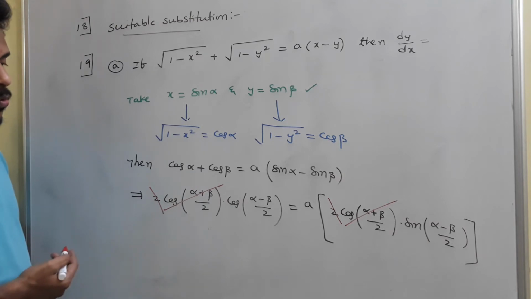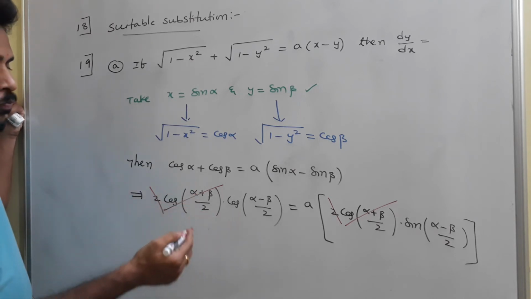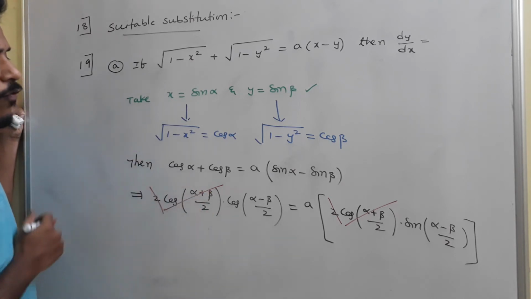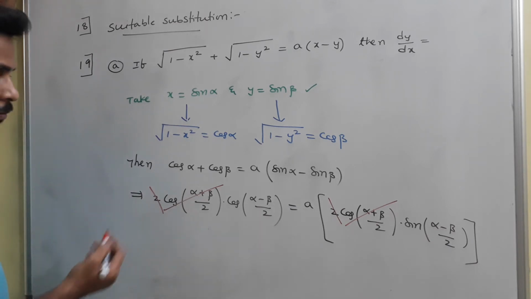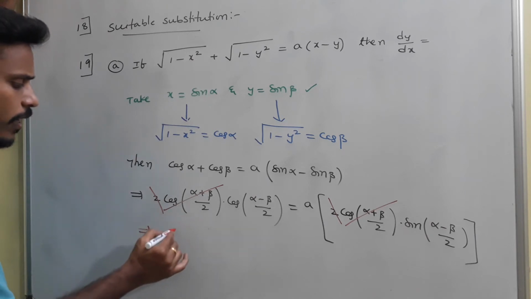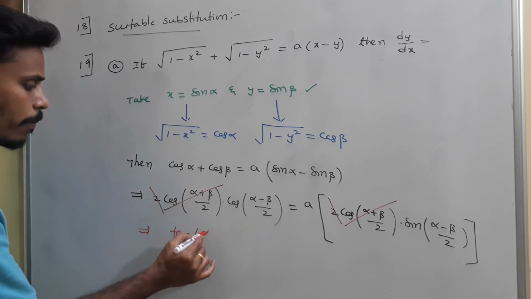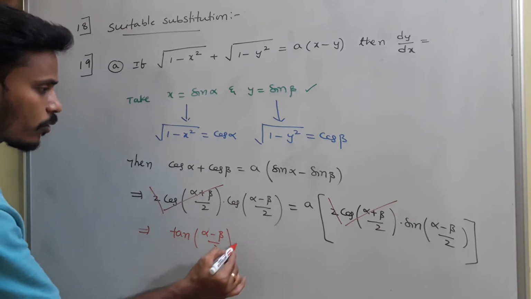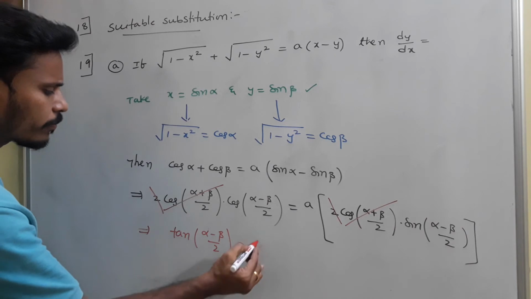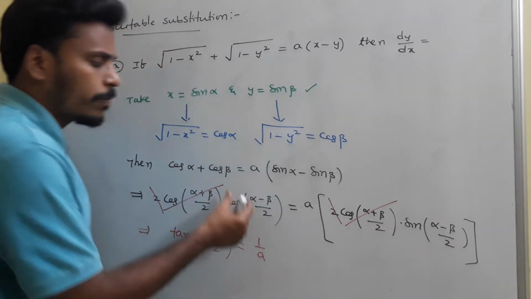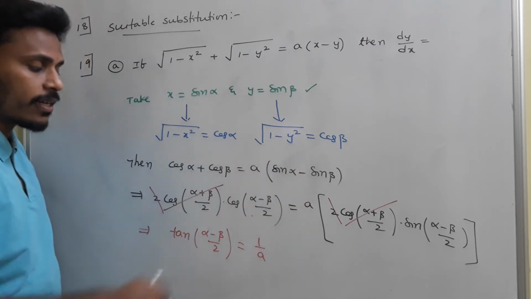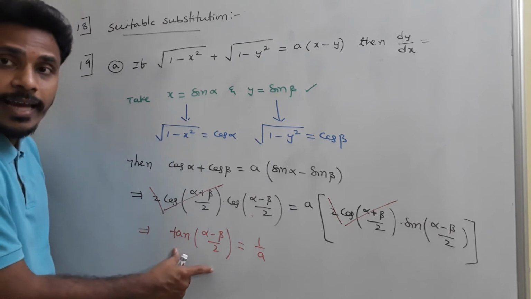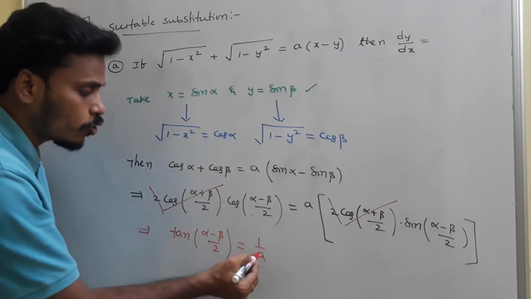Cos of alpha minus beta by 2 is equal to a sin of alpha minus beta by 2. Send this cos of alpha minus beta by 2 that side and drag the a this side. Sin by cos is tan. Tan of alpha minus beta by 2 is equal to 1 by a.